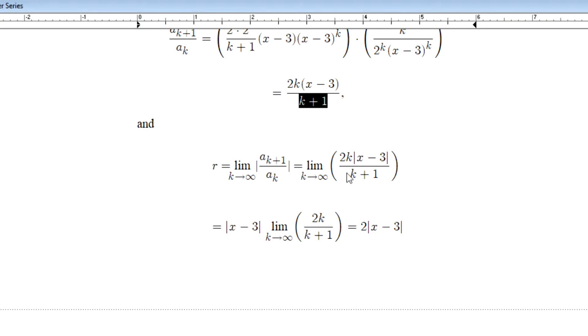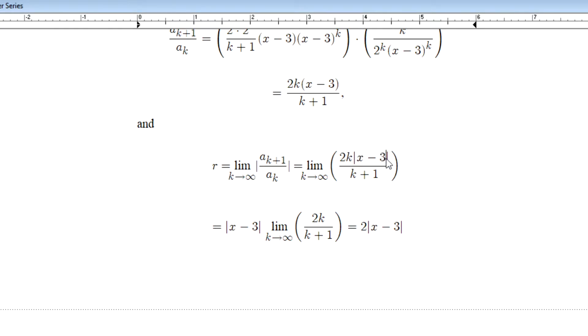So when the absolute values apply themselves to this argument, they aren't needed for 2 to the k and k plus 1. The only argument that could potentially have the absolute value symbols change a negative into a positive result would be the absolute value of x minus 3. So we are going to have to leave those around that quantity.